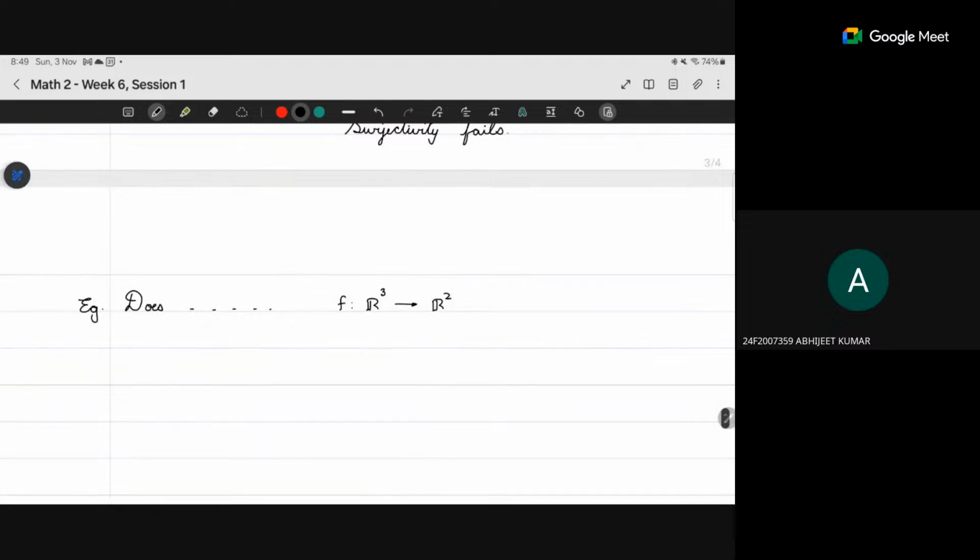So does there exist a linear transformation from R3 to R2? I think injectivity will fail. Yes, sir, that was sort of foreshadowed. So this is no, but injectivity fails, or one-oneness fails.